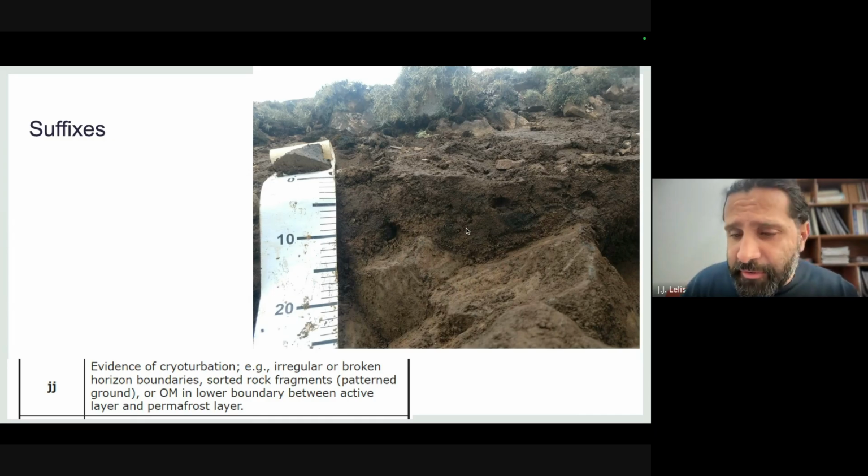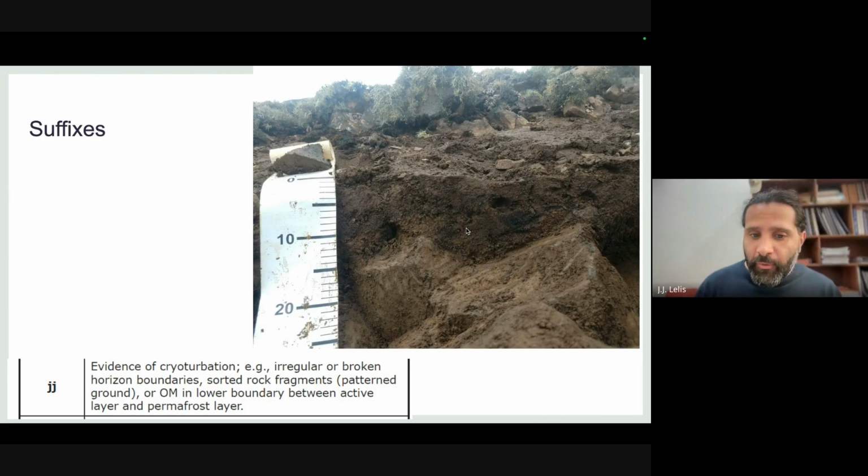These darker spots are organic matter spots, and they are produced by cryoturbation. This mixing of material can bring some organic material from the surface to the deepest horizons. This is one of the evidences that yes, we have some mixing of material that we call cryoturbation.